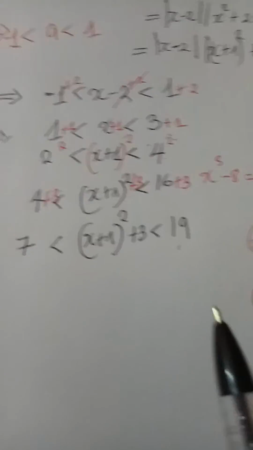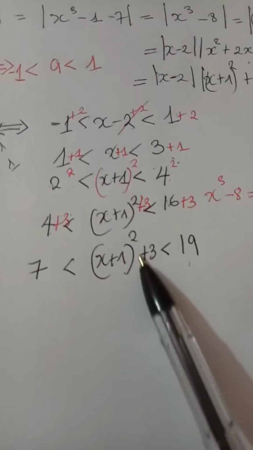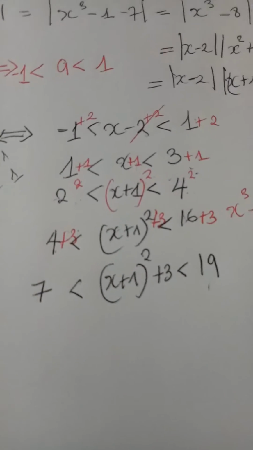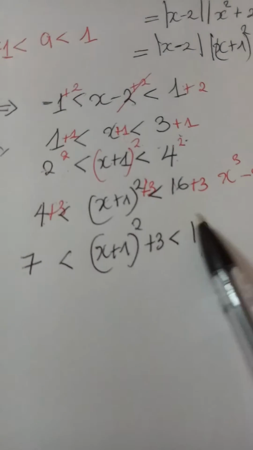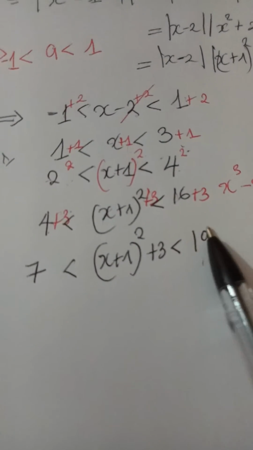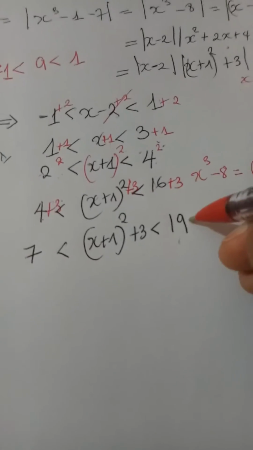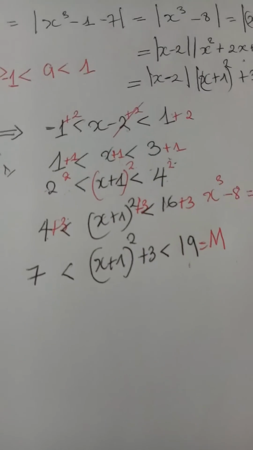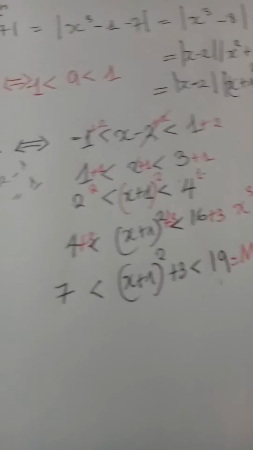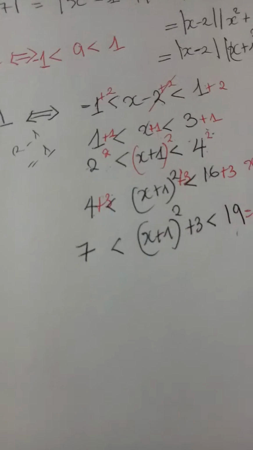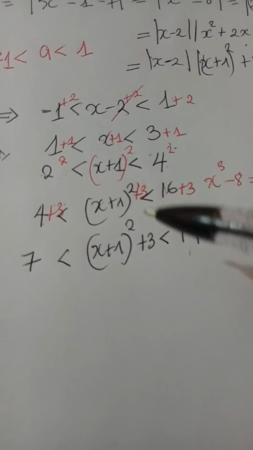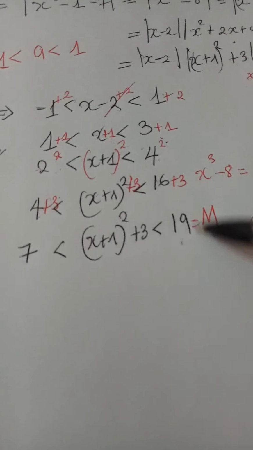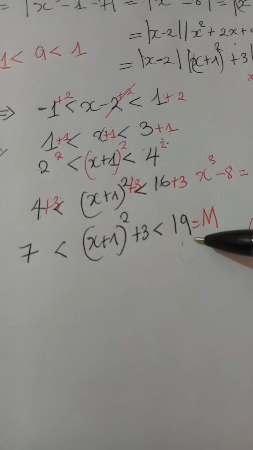So if you can see, this is majoré, like from what we've been doing. This is majoré par 19, so this will be our M. You can go back and check our video on how we define majoré. There it's clear, but for now, if you're just joining, we can say this is majoré par 19.